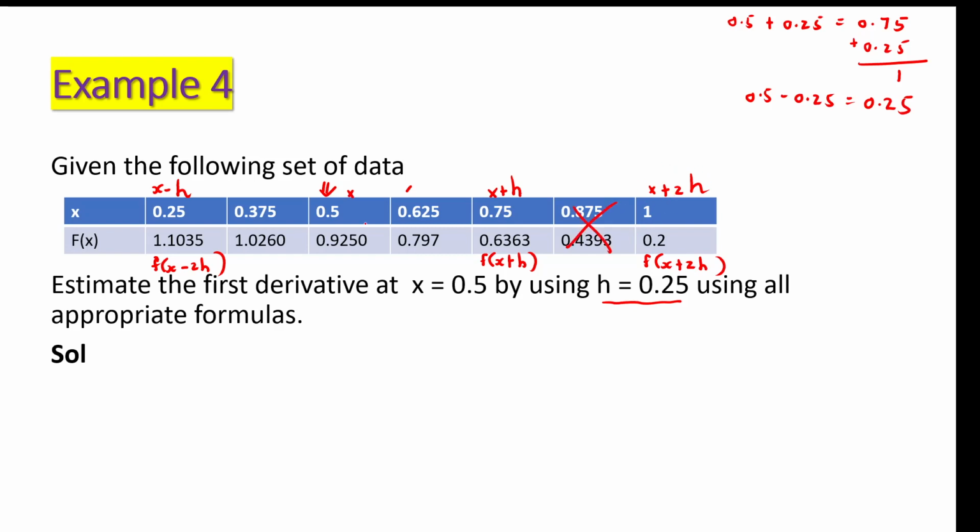This point is not used. From 0.5 minus 0.25, you have f(x minus h).